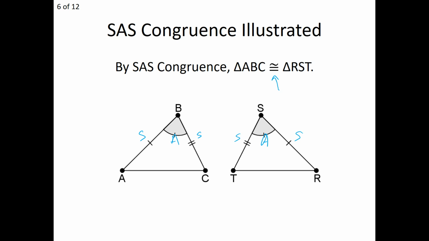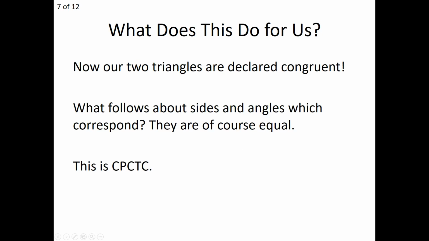These two triangles are in fact congruent, and all we needed was 3 pieces of information, not 6, which is why we consider this our shortcut. So what exactly does this shortcut do for us? Well, think about what the implication is of now declaring the two triangles are congruent.